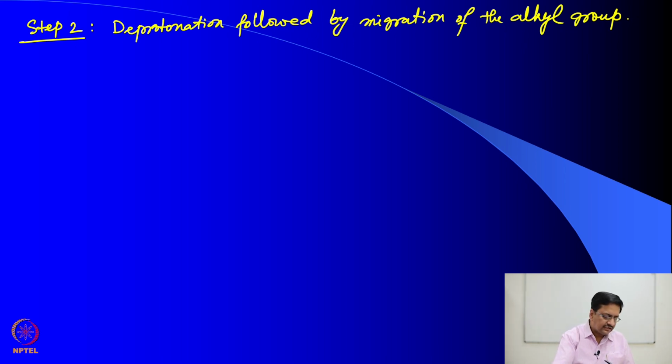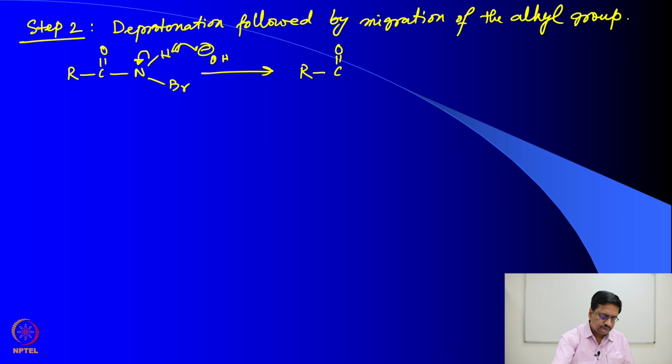Here the product of the previous step, RCONHBr, reacts with one more molecule of base and forms an intermediate like this, which is again resonance stabilized as before.